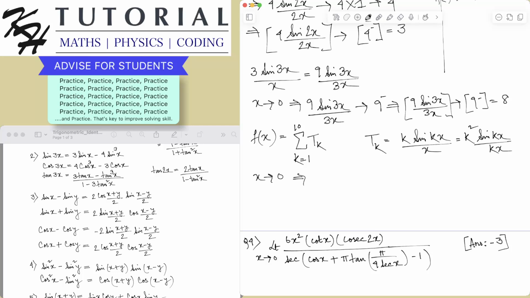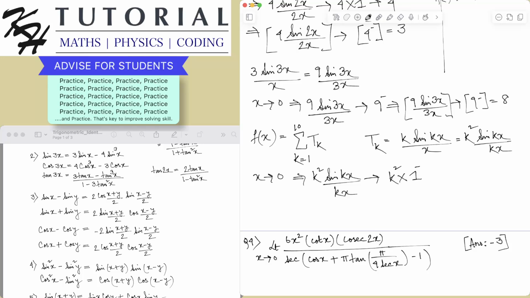This will tend to k square multiplied by 1 minus, because when x tends to 0, sin kx by kx, where k is some natural number from 1 to n, will tend to a value which is a little less than 1.